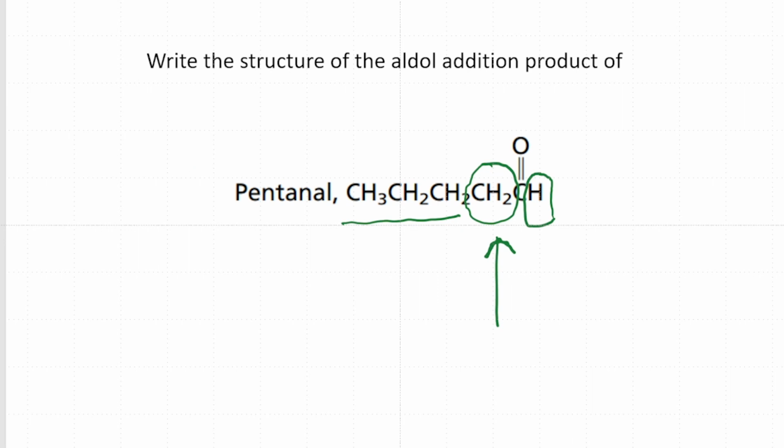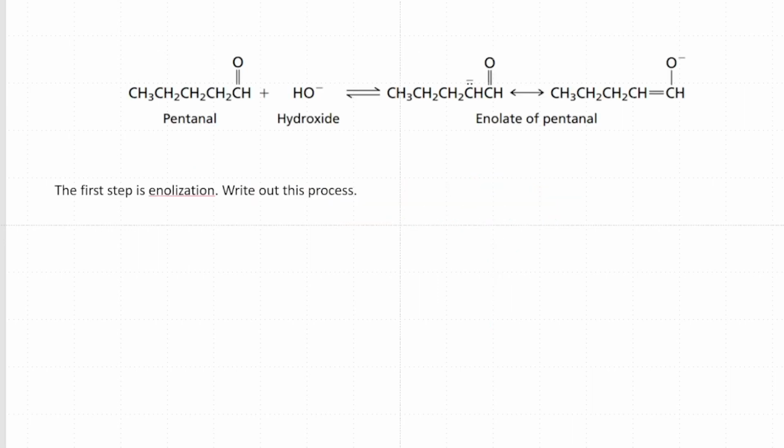If you assume that the CH2 can undergo enolization in the presence of base, then the first product that is going to be formed is the enolate, which of course exists in resonance with the carbanion, and that would be the first step of the reaction.